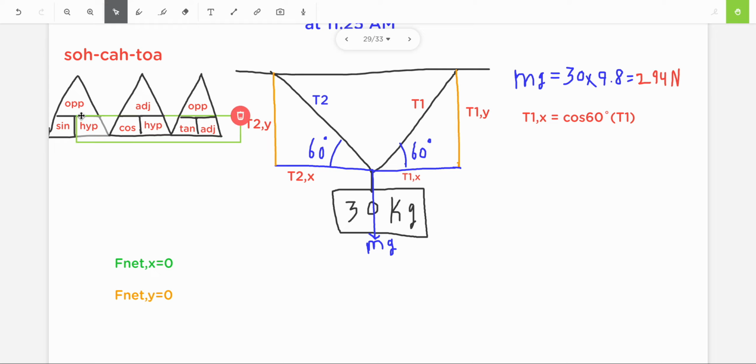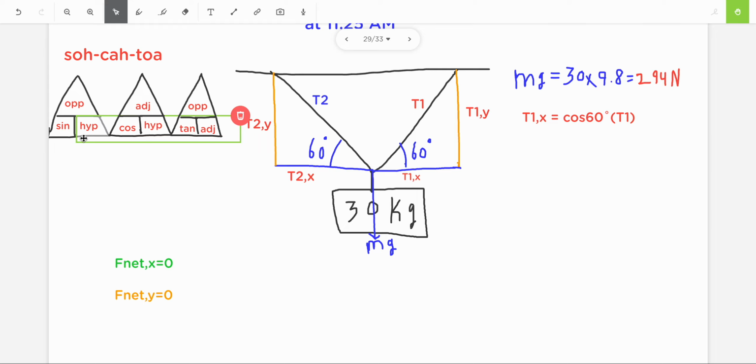And as you know, in the sine triangle, sine multiplied with hypotenuse will give you the opposite, and hypotenuse will be equal to opposite divided by sine, and it will be the same with all these triangles.